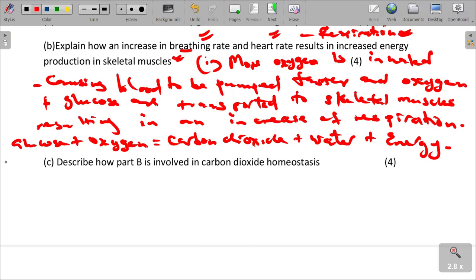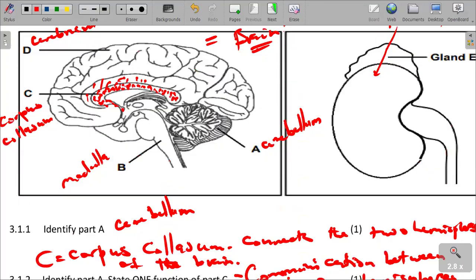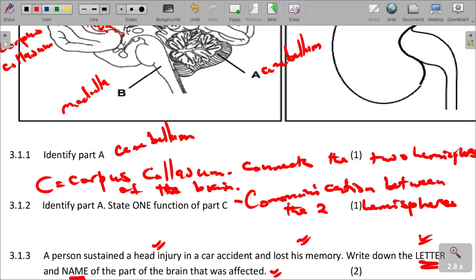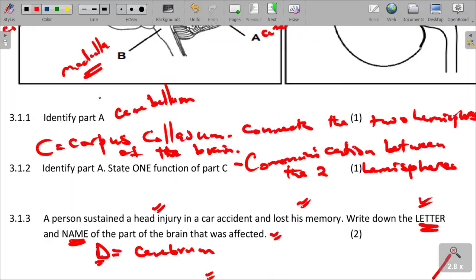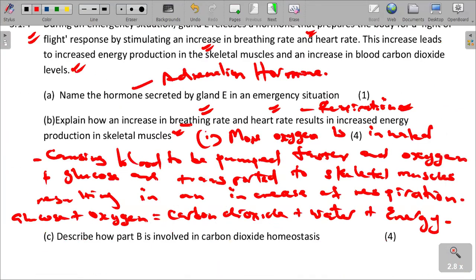You understand? Describe how part B is involved in carbon dioxide homeostasis. So in other words, we are talking about the medulla oblongata. Explain how the medulla oblongata is involved in the balancing of carbon dioxide.